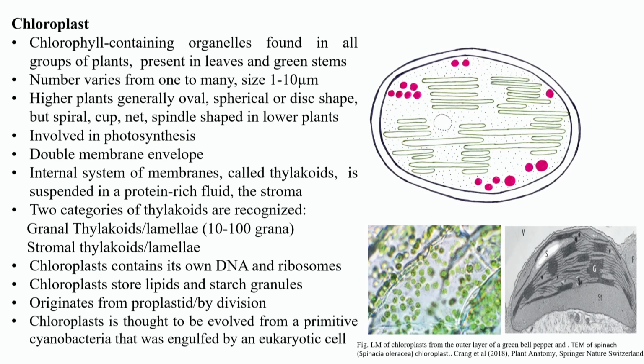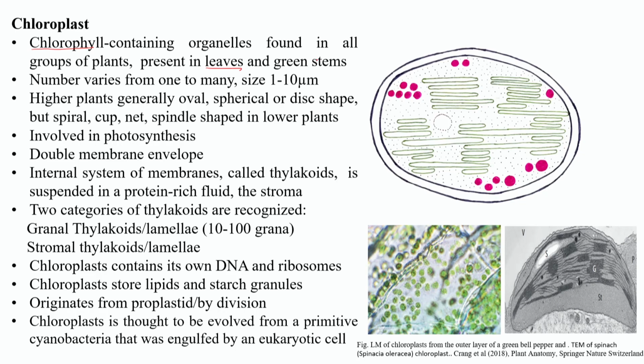Coming to the most important plastid, the chloroplast. Chloroplast is a green plastid because it contains a green pigment known as chlorophyll. It is a chlorophyll containing organelle found in green parts of the plant, particularly in leaves and also green stems.